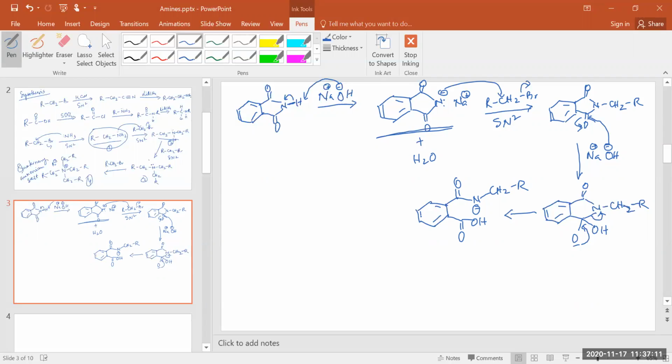The second step will again be hydrolysis under basic condition. This will go here, and at the same time the nitrogen will take the proton from water. This is the negative charge, and we take a proton from water.